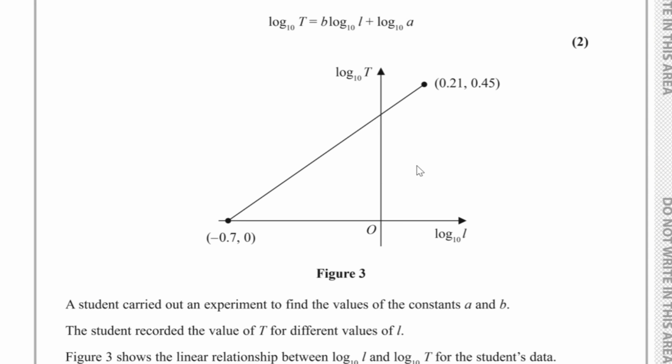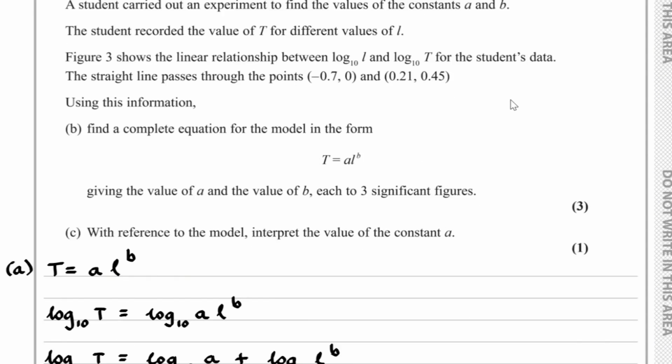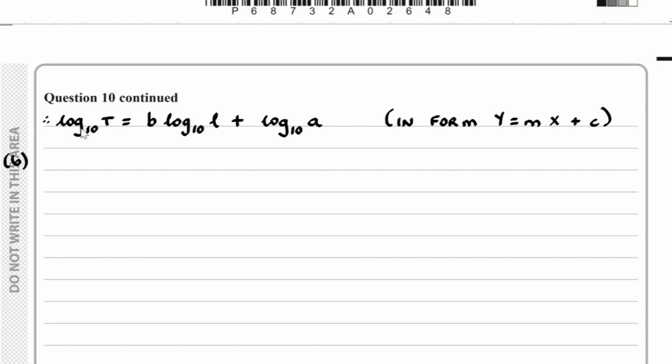Well, if we take a look at this diagram, what we can do first of all is find out the gradient. If we go back to our equation, you can see log base 10 of t is the same as y, b is the same as m, log base 10 of L is the same as x, and log base 10 of a is the same as c.